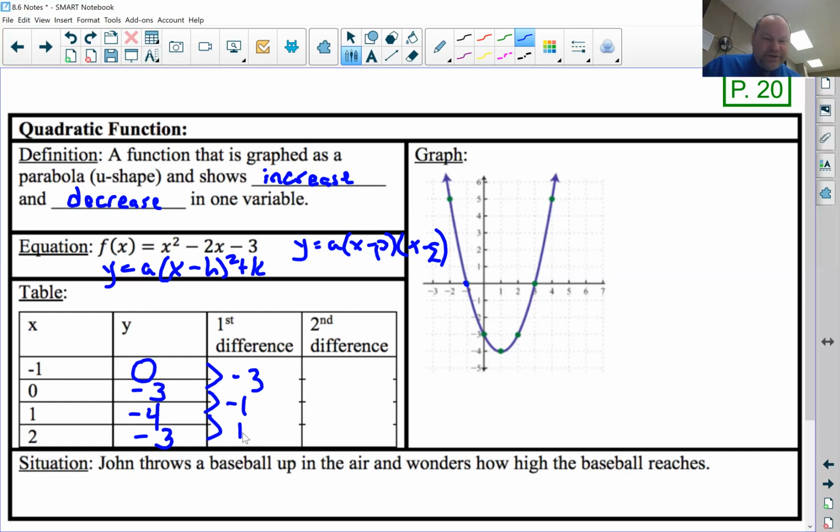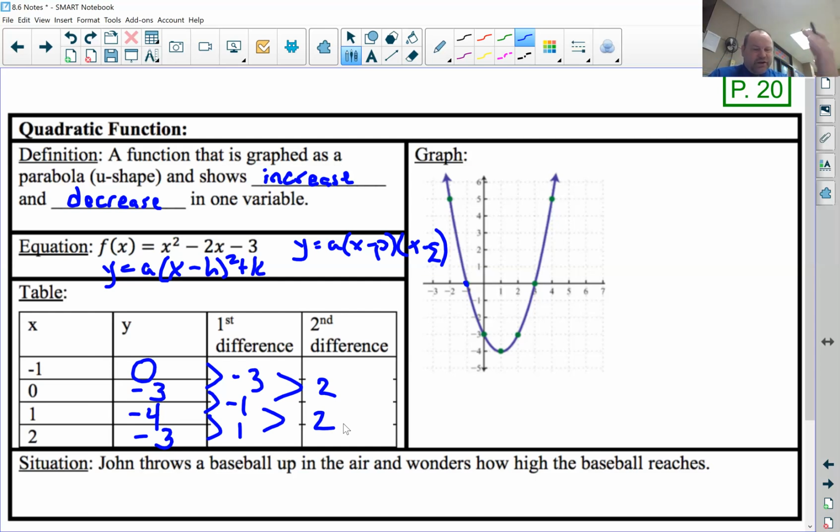Not the same difference. But if we look at our second difference, -1 minus -3 is 2. 1 minus -1 is 2. So the second differences are the same.